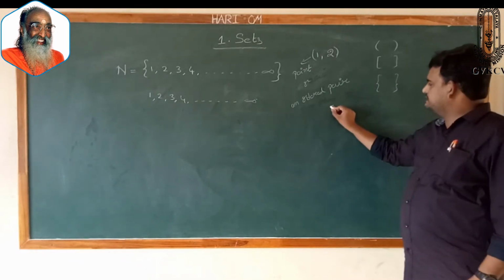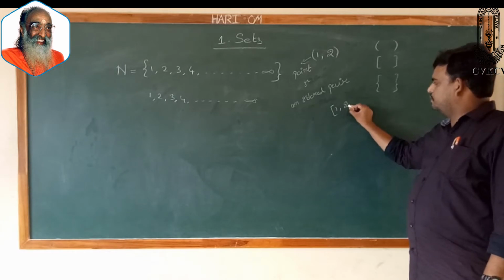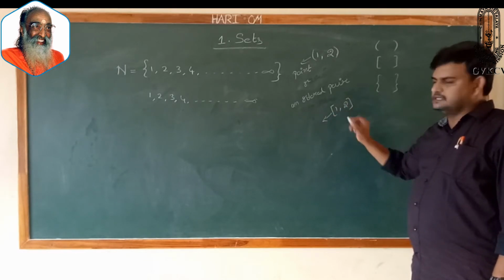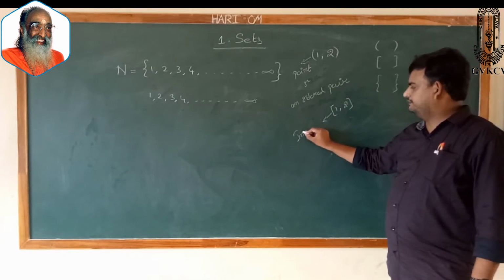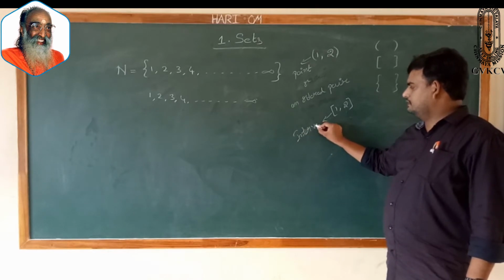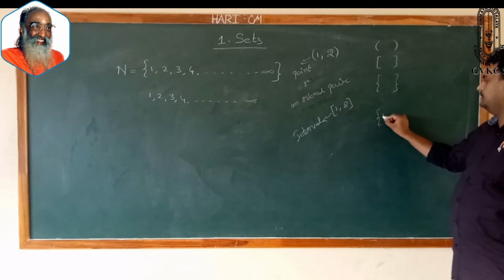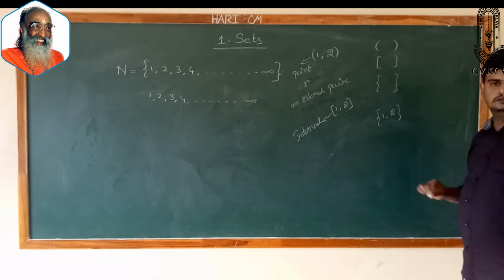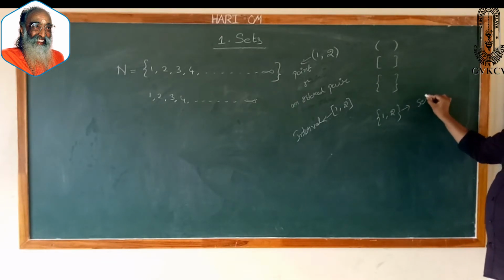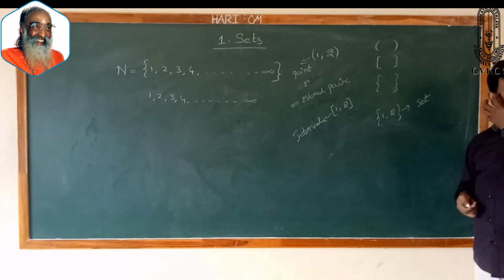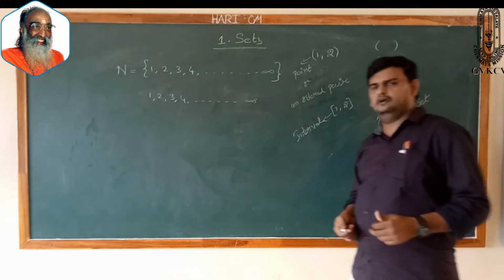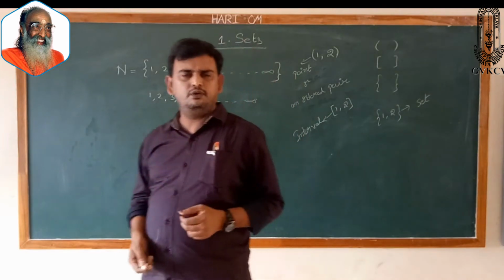The same if I represent within the square brackets, 1, 2, this is called an interval. Now the same numbers if I keep within the flower brackets, this is nothing but called a set. Same numbers. In all the cases I am using only two numbers.